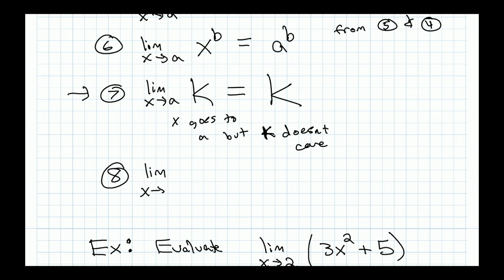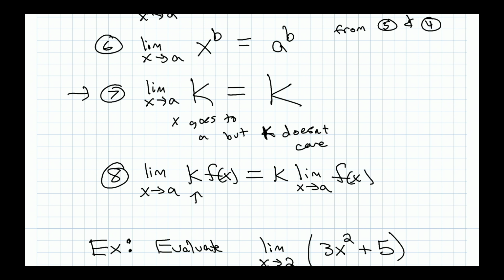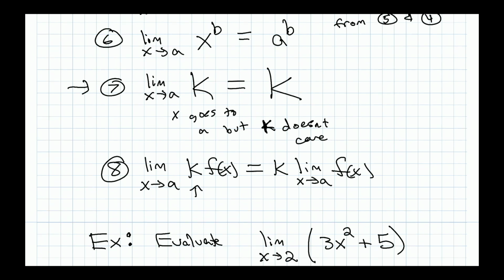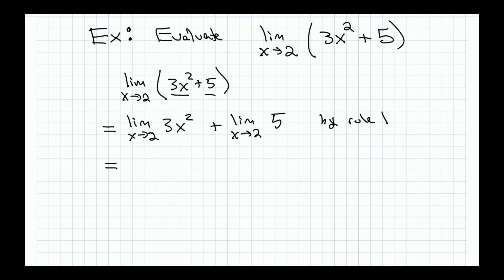If you have a limit as x approaches a of k times f of x, it turns out that you can just take that constant and move it outside of the limit. It's for the same reason as Rule 7. X may be going to a, but k doesn't care because it doesn't have an x in it. So you can pull the constant out. Why do I do that? Because I want to do it right now. So if I use Rule 8, then I can move the 3 out front.